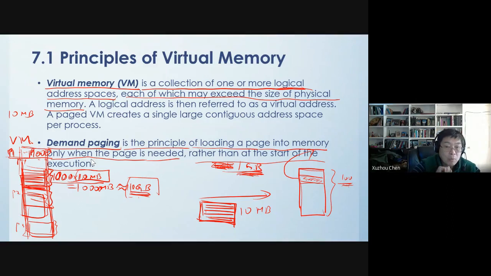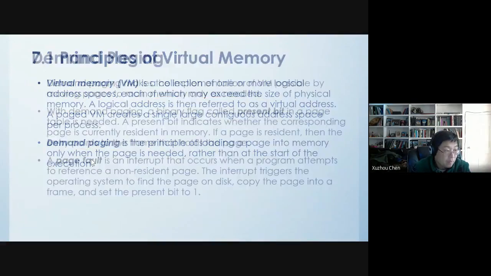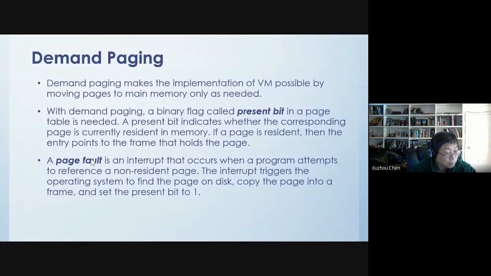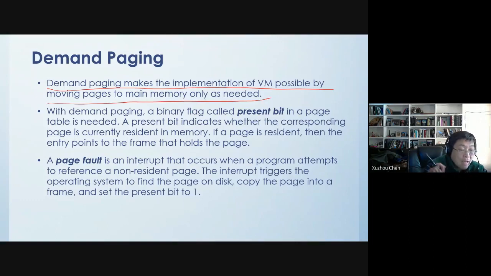I just load one page after another, page by page. Here's what I do. Demand paging makes the implementation of virtual memory possible by moving pages to the main memory only as needed.